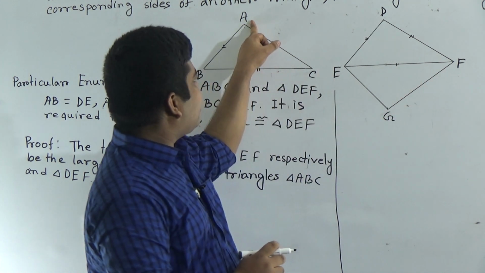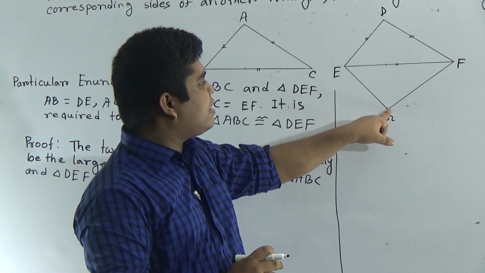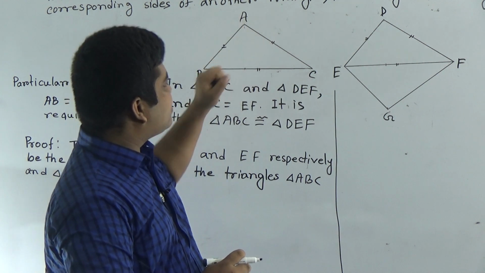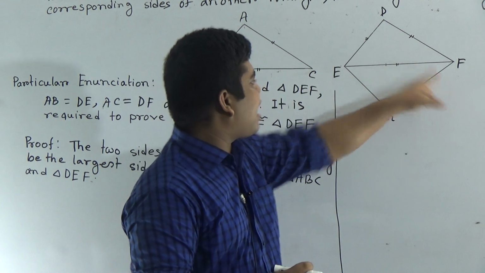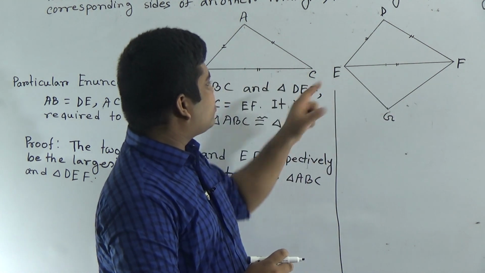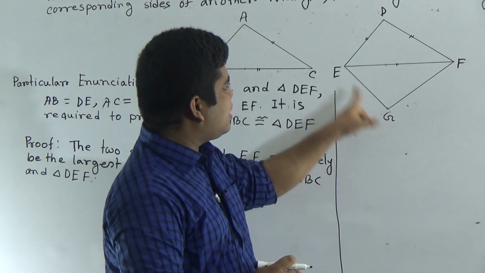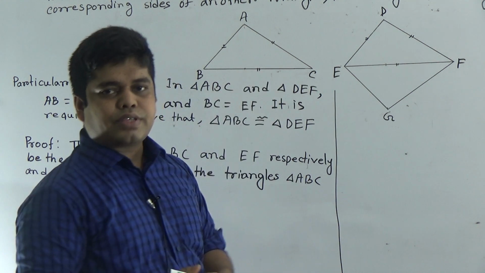So the point A is placed on the point G. Let G be the new position of the point A. As BC equal to EF, so C must fall on the point F. So triangle GEF is the new position of the triangle ABC.